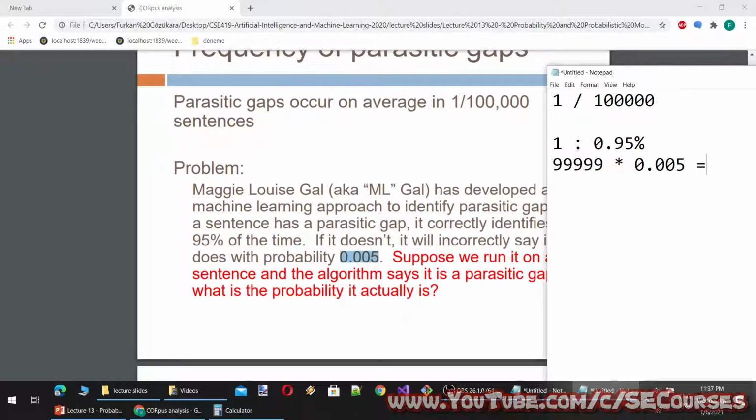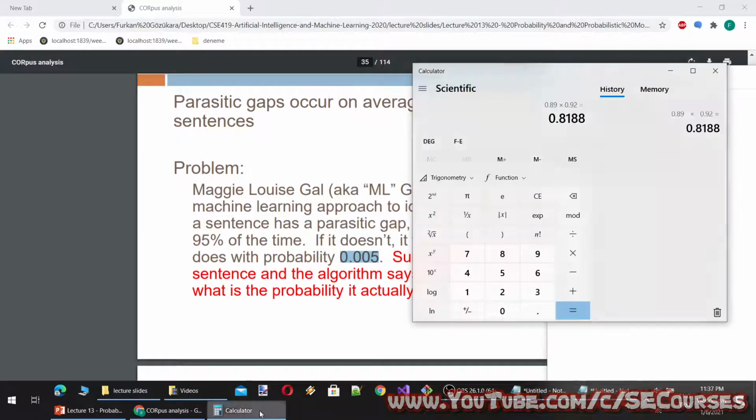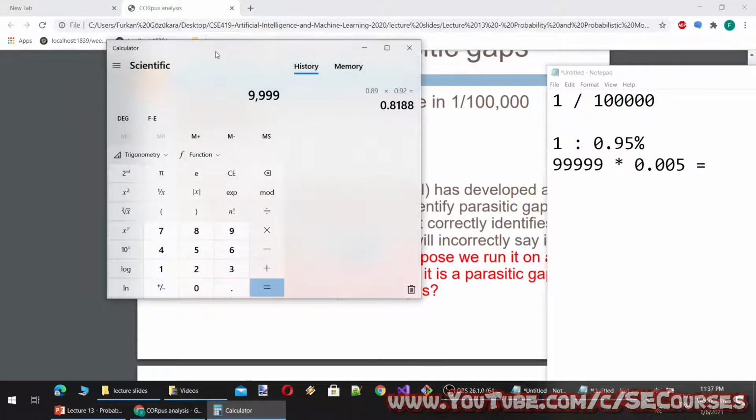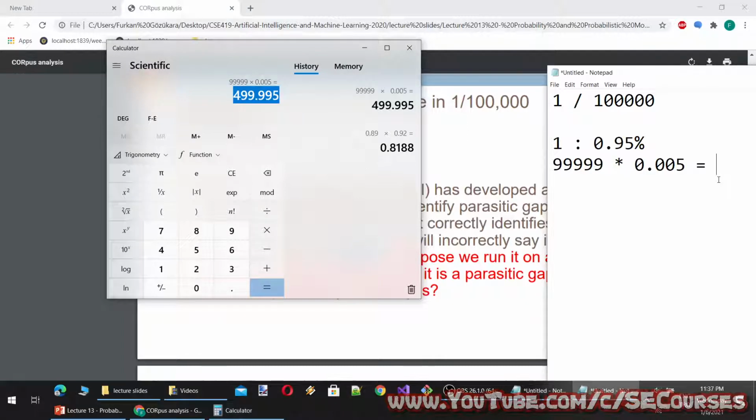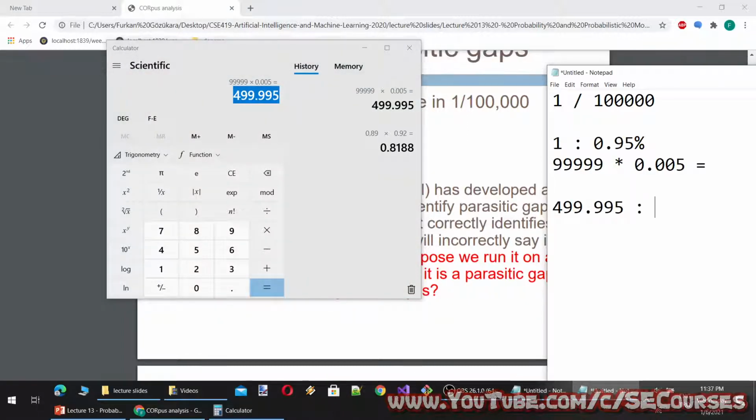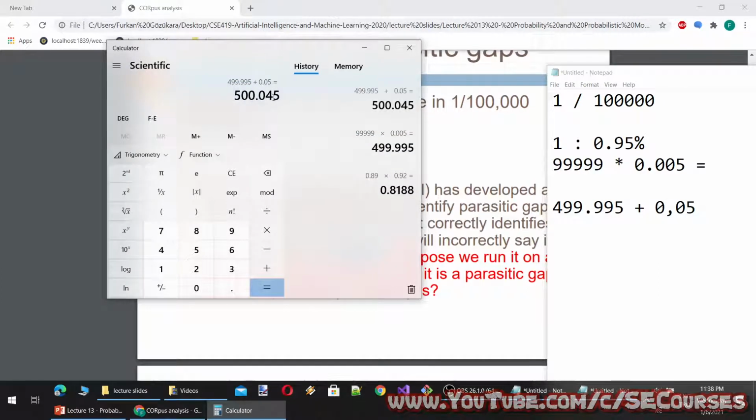How many cases does it get wrong? Let's calculate. 99,999 times 0.005. So this many times it will say false positive, and here we get this many, so we add it to the true positives.